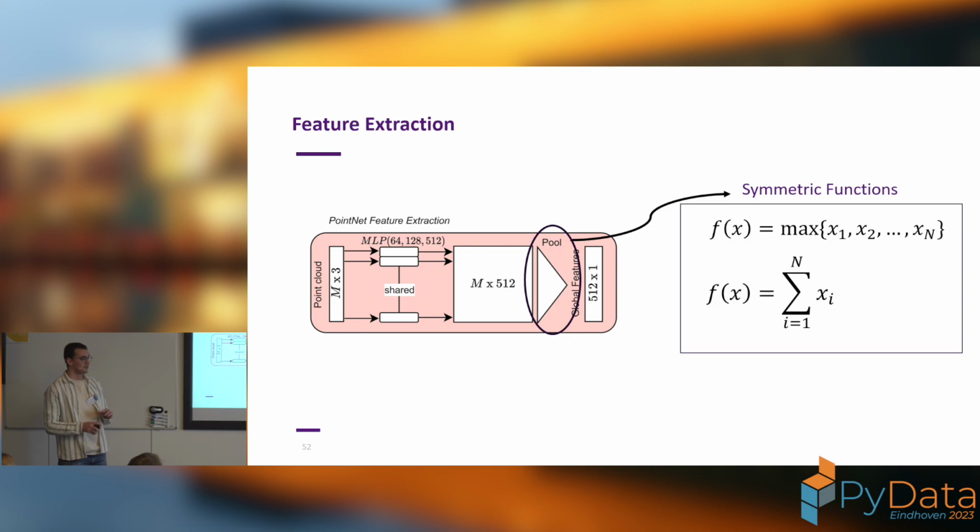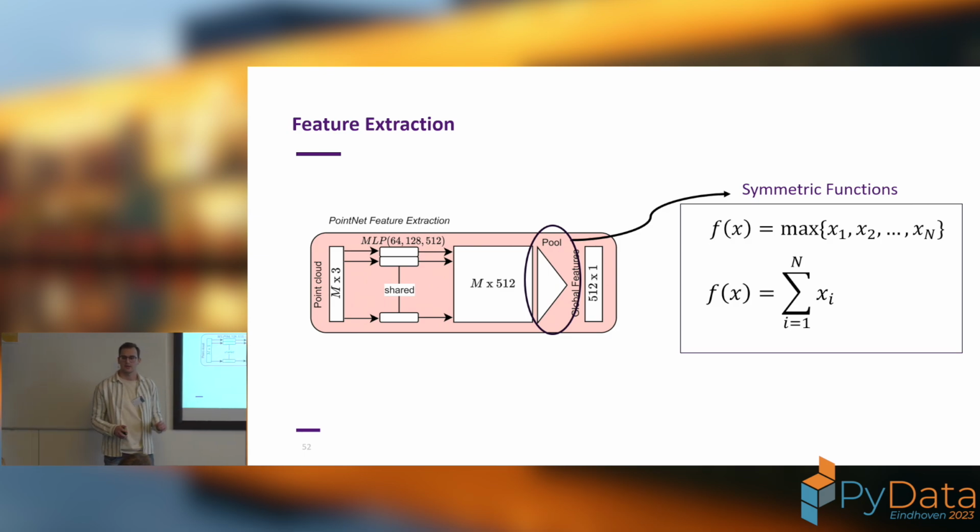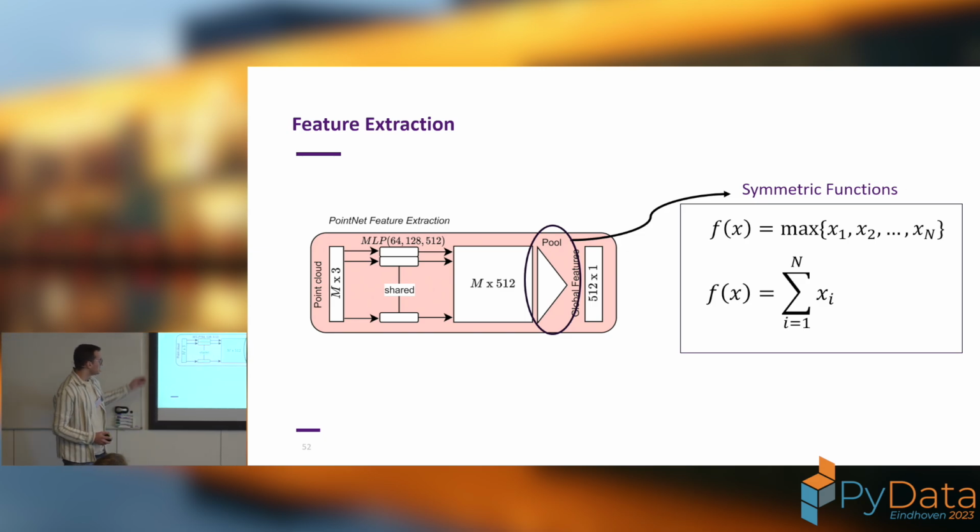So first you map each point independently through a network, with an input size of 3 and a higher dimensional output value. You do that for all the points and you get some sort of feature map. If you then apply these symmetric functions, you get some sort of global feature vector that represents your object. It doesn't matter what input order you provided, you will always get the same output value.